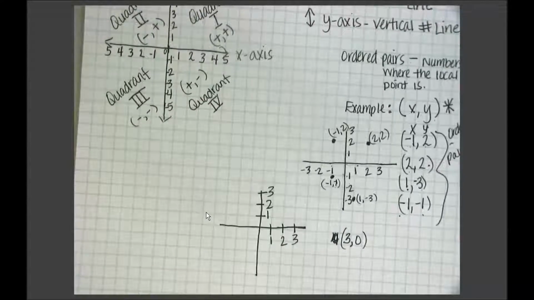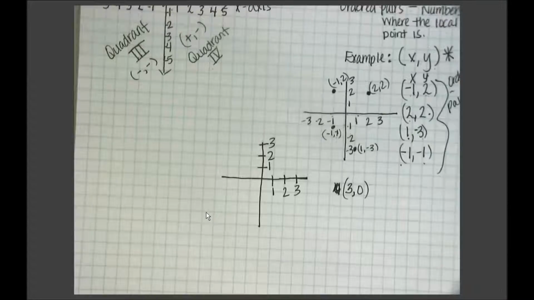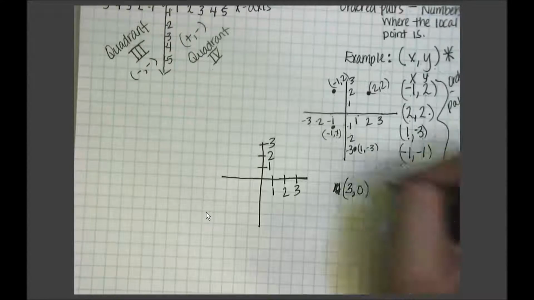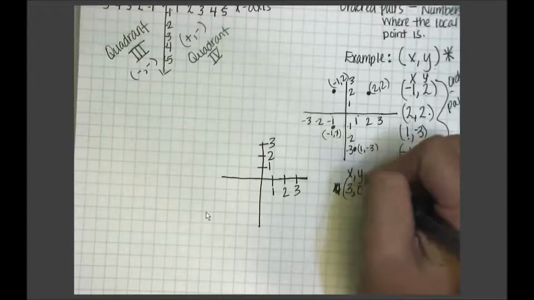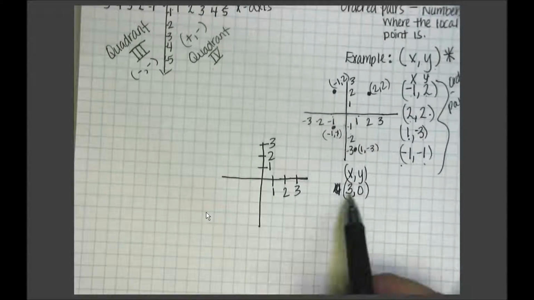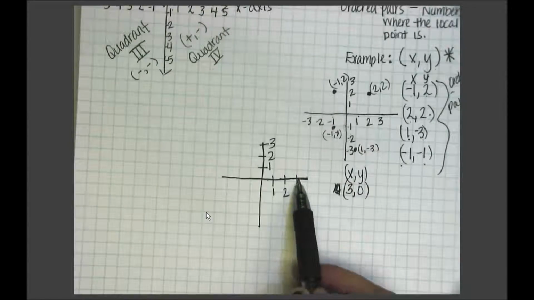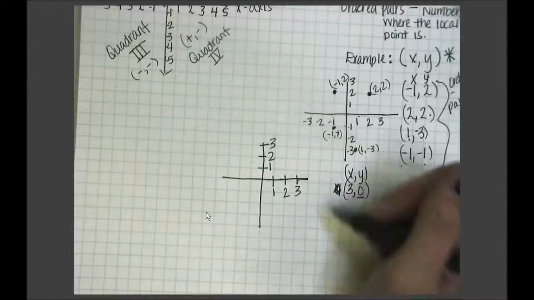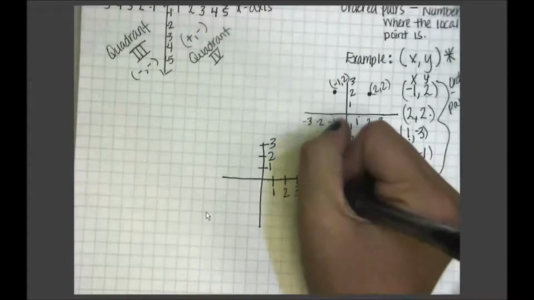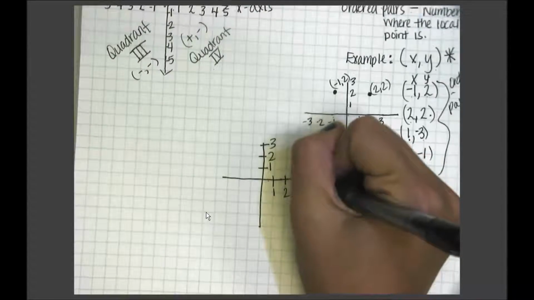Okay, that's (3, 0), and what does 0 mean? Now, we all know X is first, Y is second, right? So X tells me that I need to go over 3. The 0 means that I'm going neither up nor down. So my dot is going to be right on the X-axis.